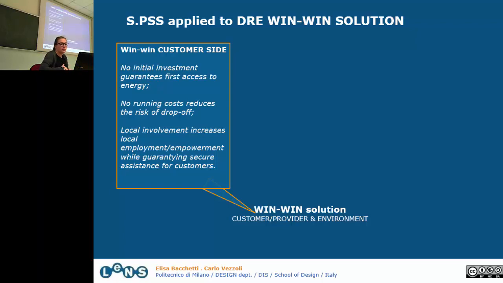If it's broken, I don't have to repay it all. I just have maybe to pay something more, or I don't even have to pay anything because I'm still paying a fixed fee, and so the broken thing is covered. And also there is the possibility for the customer to increase their own competencies. Several times it happened that you are a customer, then you become an entrepreneur locally.